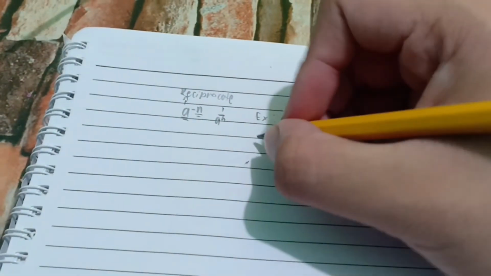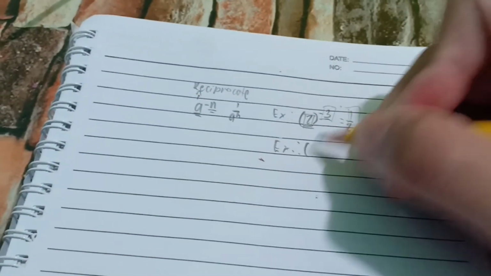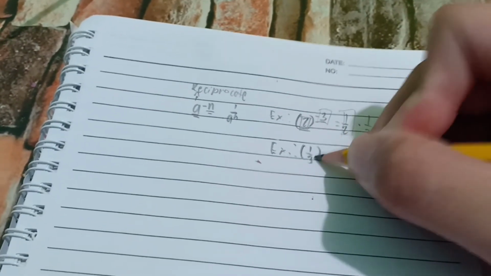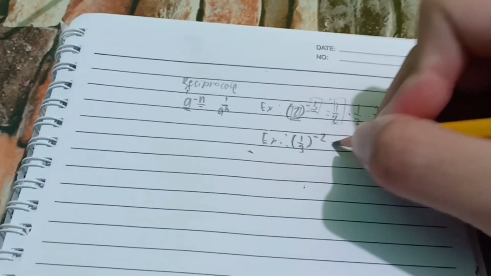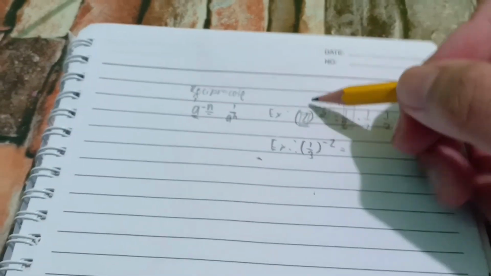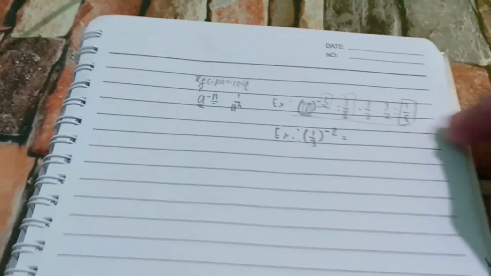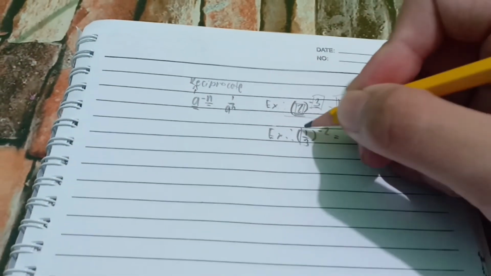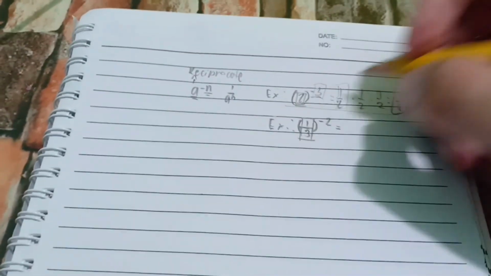And by the way, if you stumble upon a fraction like 1/3 to the power of negative 2, this doesn't differ from our solution in our first example. We'll just simply use the fraction itself as its base.